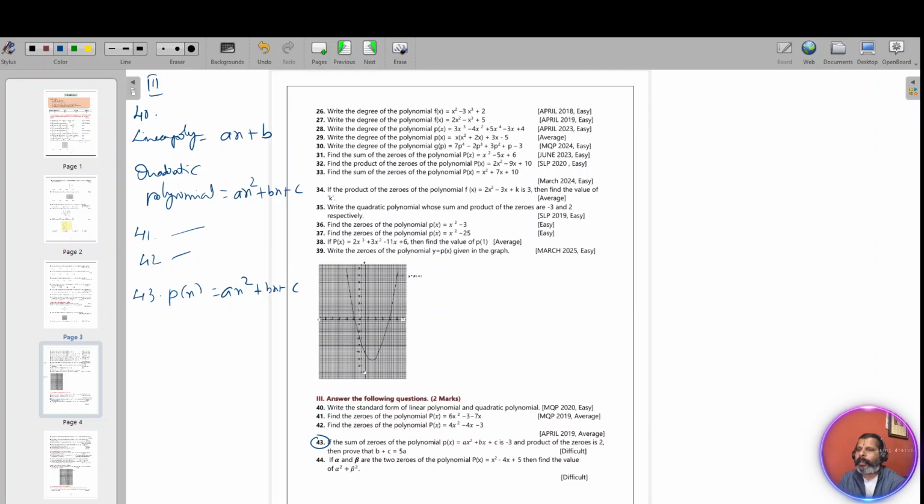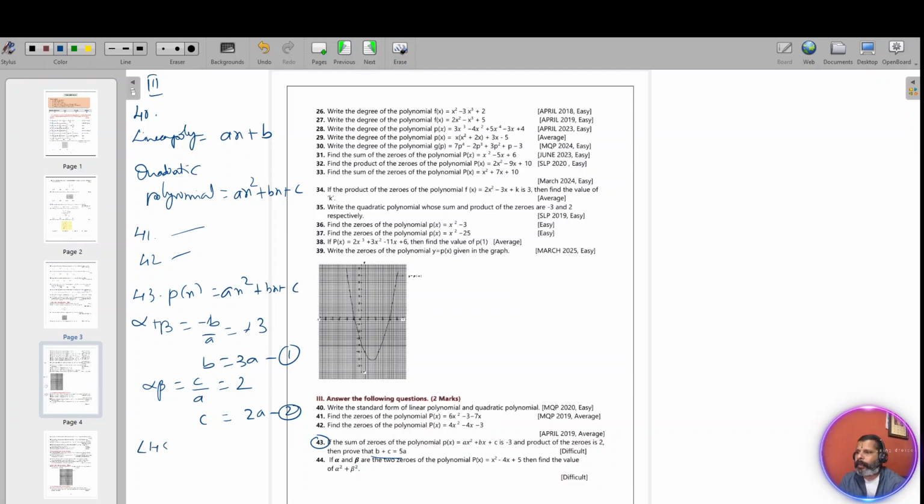Then from that, the minus signs cancel, so b equal to 3a will come. Product of zeros is c by a, that is given as 2. Therefore, c equal to 2a, that is second. So now observe your proof part.